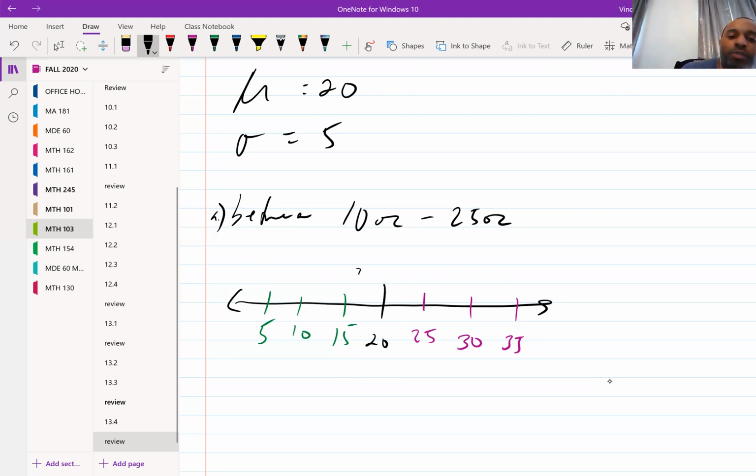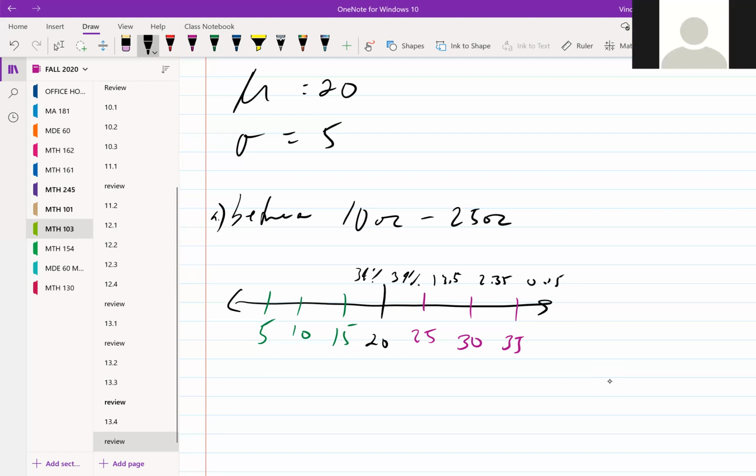So now in your percentages, these percentages are always the same. So it's 34, 34, 13.5, 2.35, 0.15. Sorry, I'm writing small and sloppy.